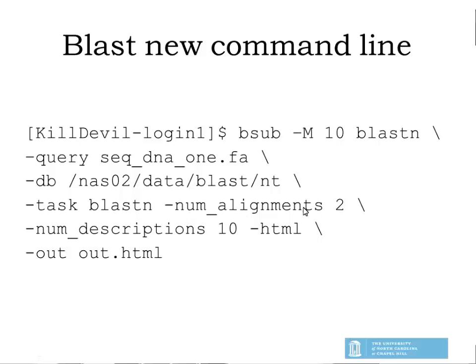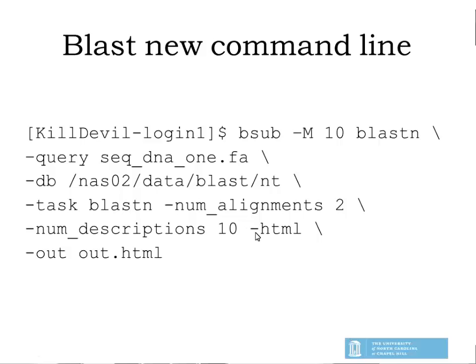So these are again possible options you're providing for BLASTN. So I want to see only 2 alignments, but I do want to see at least 10 hits. You may have 500 hits, but if I only specify num descriptions as 10, it's going to only show me the top 10 hits, and out of those top 10 hits, it's only going to show me the alignments for 2. So that's what I'm specifying explicitly on my command line.